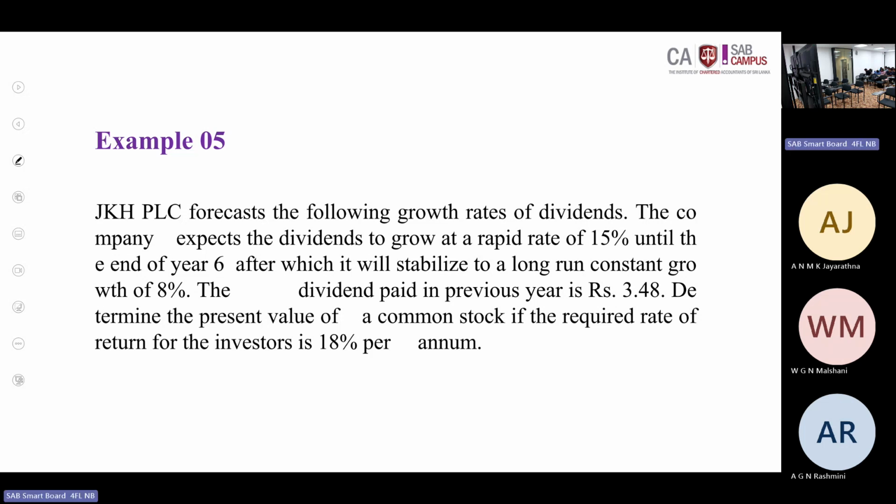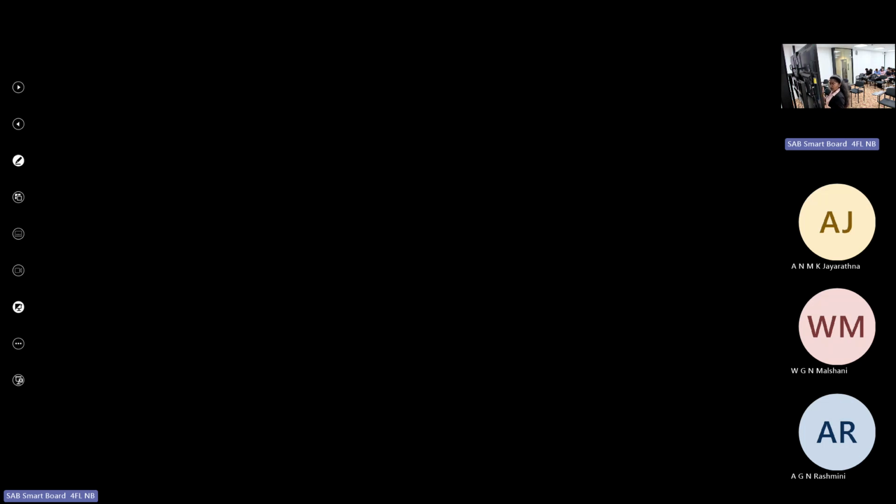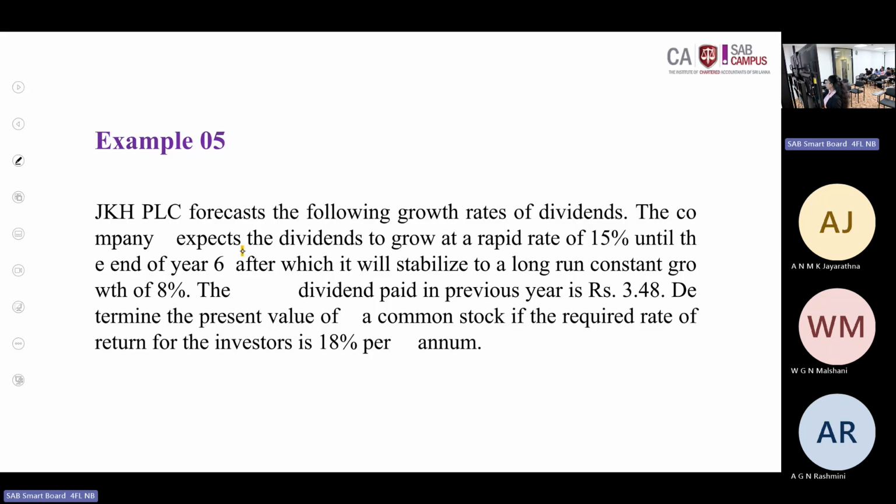Draw it in a timeline first and mark it. We read the question. The company expects dividends to grow at a rapid rate of how much? 15%. Then mark it. This is growth rate 1, 15%, until the end of the 6th year.